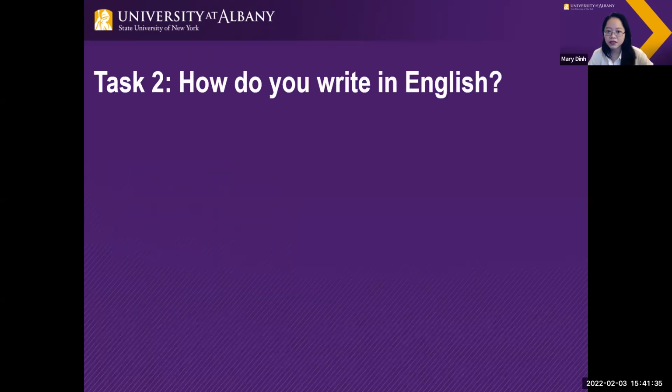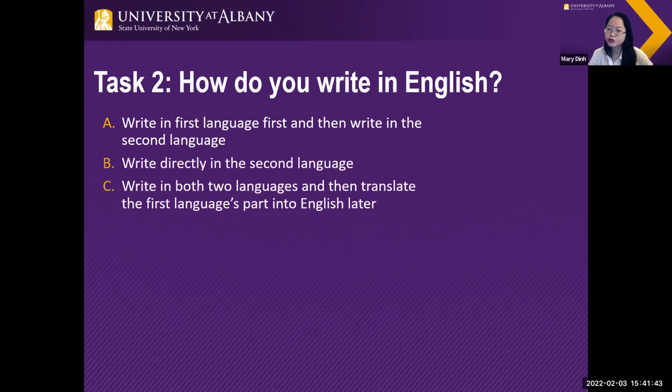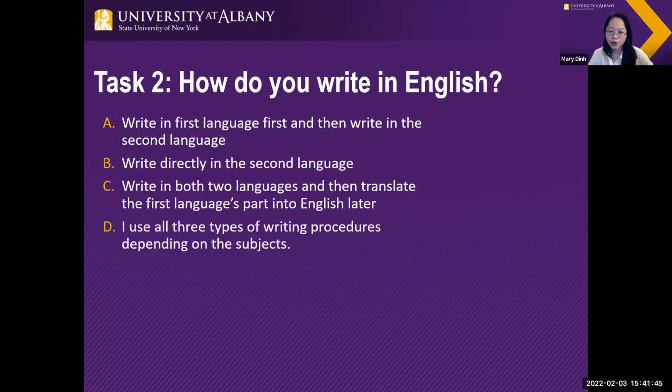And that leads to the second task: when you observe your writing, how do you write? The thing is, we will see what our brain is comfortable with and functions best. A, do you write in the first language first and then write in the second language?